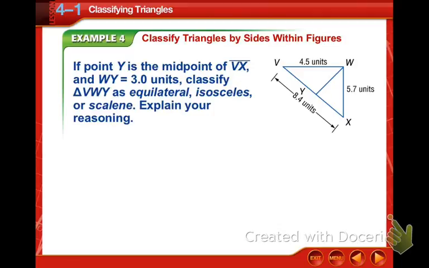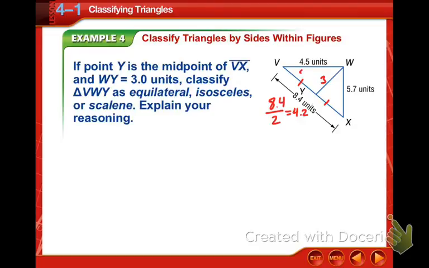So this next one here, we want to look at this picture, and again, classify. We're given that WY is 3, and that Y is the midpoint of VX, which means that these two lengths are congruent. So we need to take the 8.4 and divide by 2, and that's 4.2.